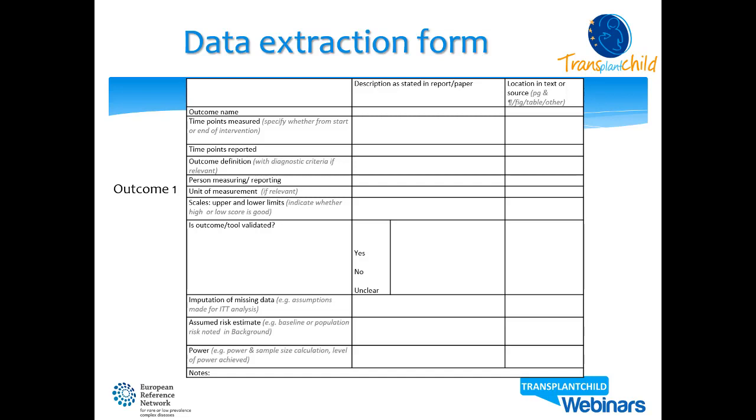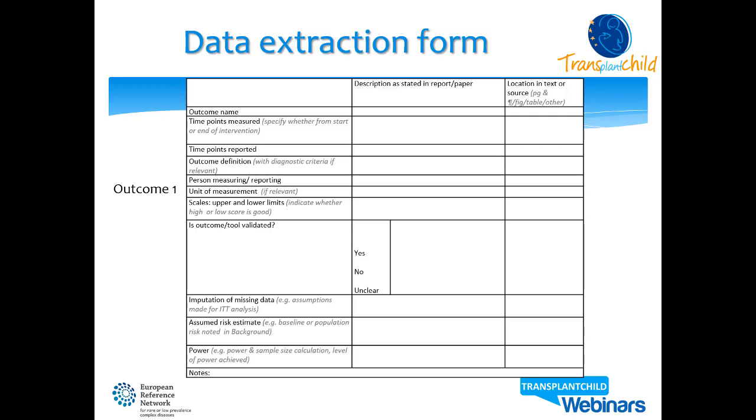Unit of measurement could be nice in case we have different types of measures. Scales, so if they are using a scale like health-related quality of life scales, just say which one is the minimum and which one is the upper limit, right?